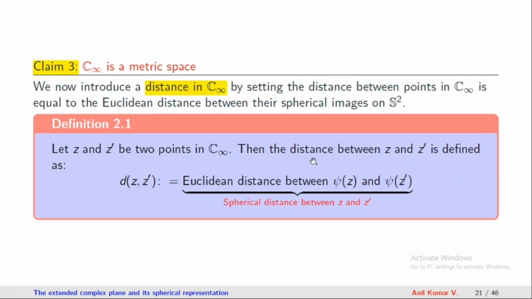Then we define the distance between z and z prime as the Euclidean distance between the spherical images psi of z and psi of z prime, and this distance is called the spherical distance between the points z and z prime.